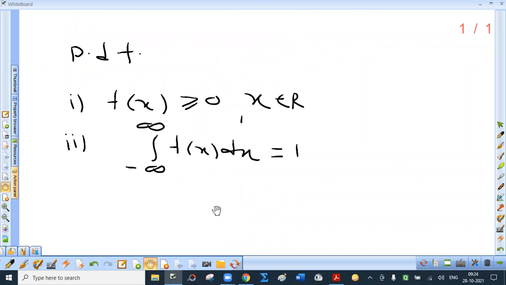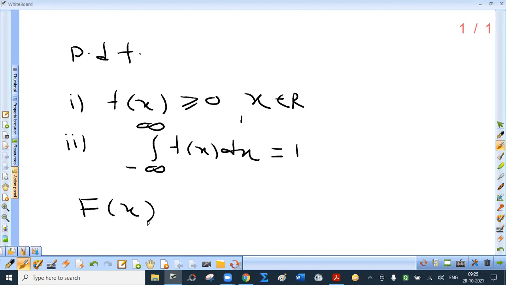Now, in this case also, we consider cumulative distribution function. So if x is a continuous random variable with probability density function f of x, then the cumulative distribution function of f of x is denoted by capital F of x. In case of discrete also, we denoted it by capital F of x only.